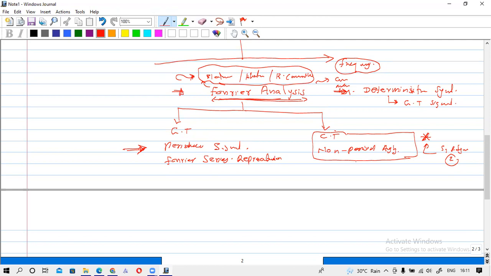If we are dealing with the non-periodic signal, we normally call it Fourier transform. So in this course, we are mainly focused on Fourier series representation.